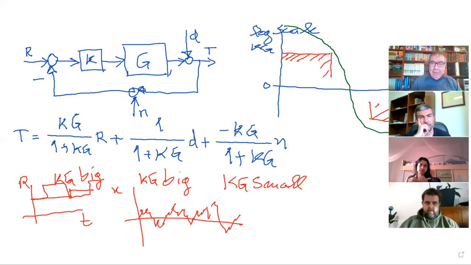Chemical engineers never think about it; they are not trained. It's a question of culture. You are not trained to think in terms of frequency. For electrical engineers, it's very natural to think about decomposing a signal into frequency components.